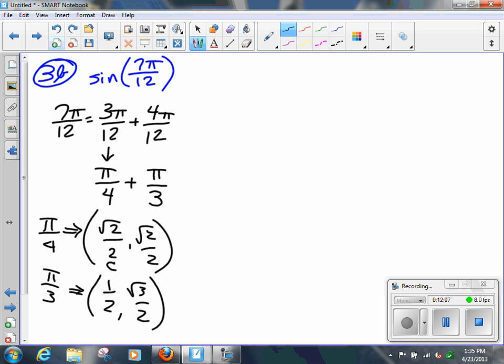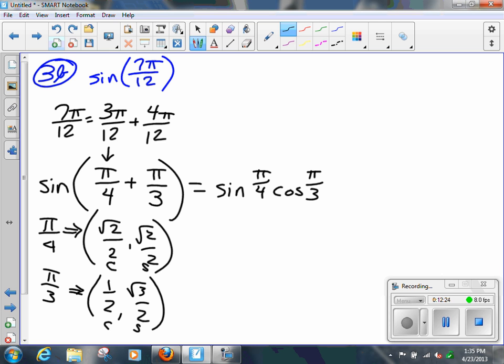I got my cosine value, I got my sine value. Am I going to use the sum or difference formula? I'm going to use the sum formula, okay? And it is sine of pi over 4 cosine of pi over 3 plus, wait a minute, 3 pi, shoot.